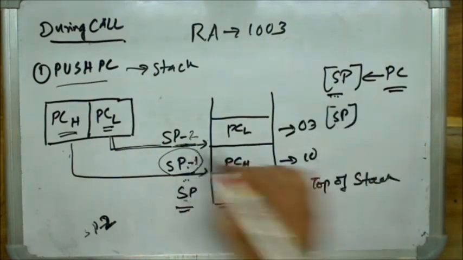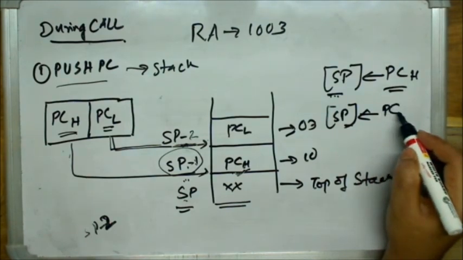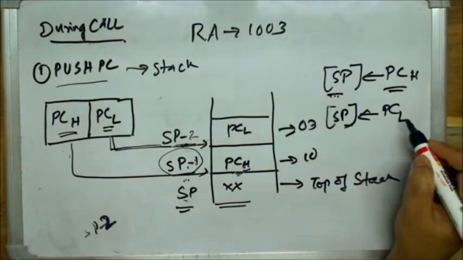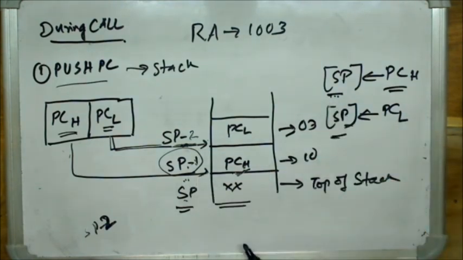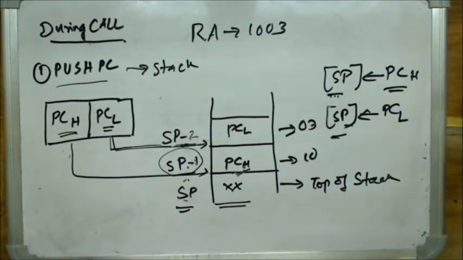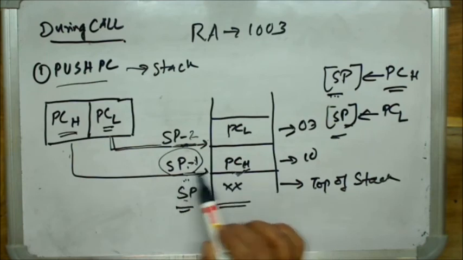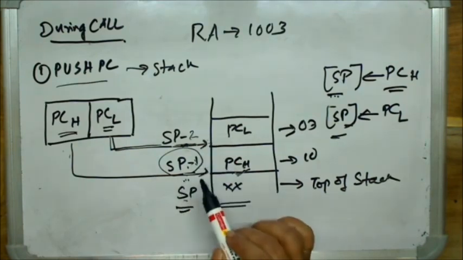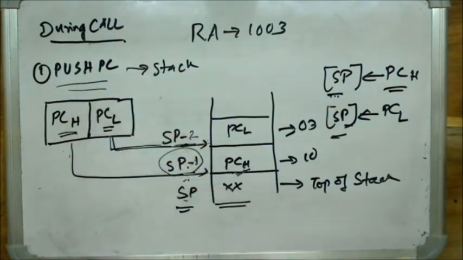Fine? Understood? First it will put the higher byte into SP minus 1, then the lower byte in SP minus 2. Higher byte, higher address; lower byte, lower address. When you write push PC, this will happen.